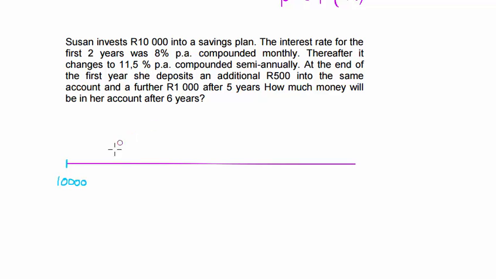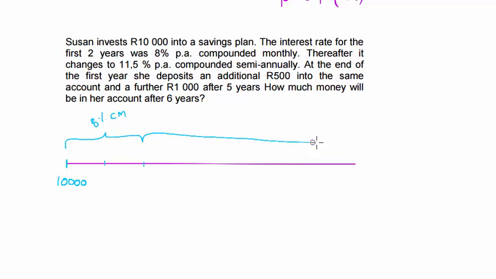The interest rate for the first 2 years. Okay, so the way I do it is I just cover these 2 time periods with an interest rate of 8%. 8% compounded monthly. Okay, thereafter it changes to 11.5 compounded semi-annually.